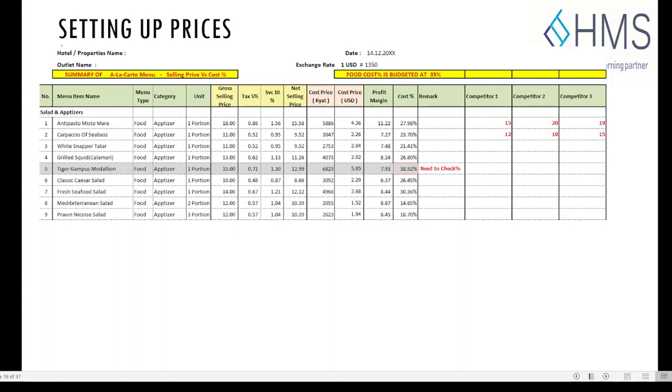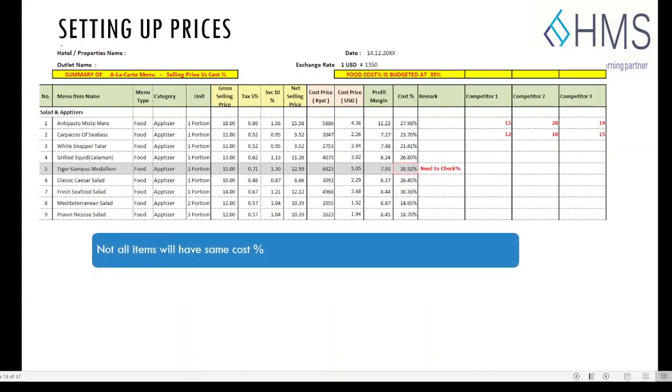If you have freestanding restaurants or other competing hotels, you have to look at them and then decide your price based on those competitors. Certain items will have a higher percentage than the budget, and certain items will have a lower percentage, so the average should be around the budget percentage. That's usually the process of setting up the prices.